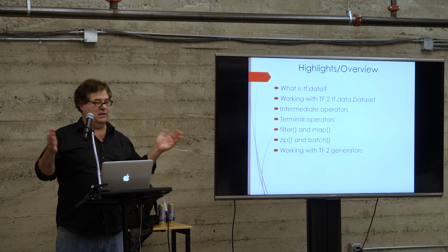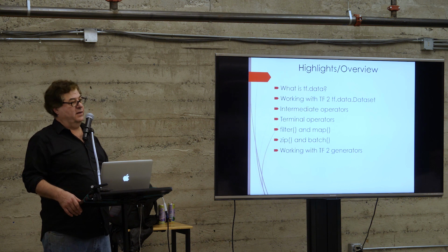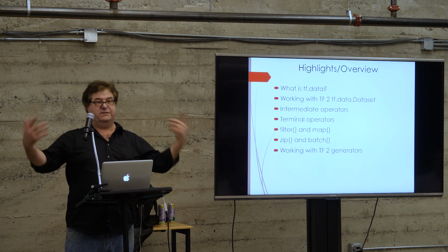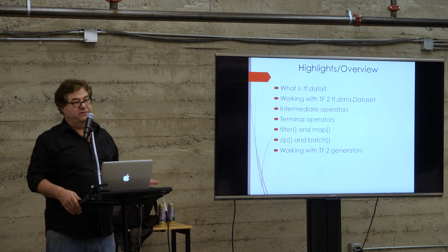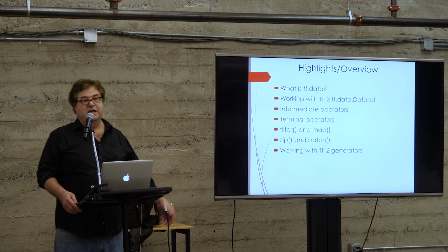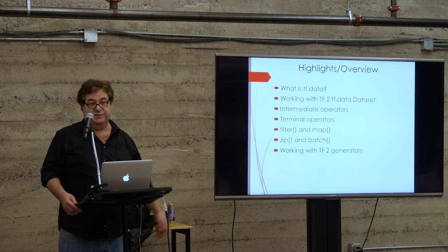So they essentially mean the same kind of thing. Now, there's a notion of something called a terminal operator, and that's the thing that makes things start executing. For example, in Java, it'd be a forEach loop. In tf.data, it's a for loop. In ReactJS, it's going to be subscribe.